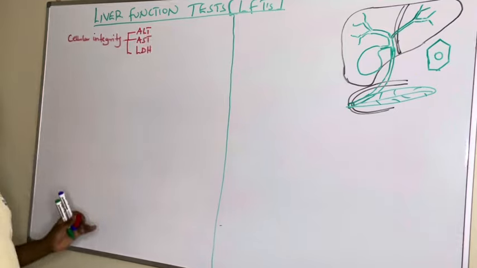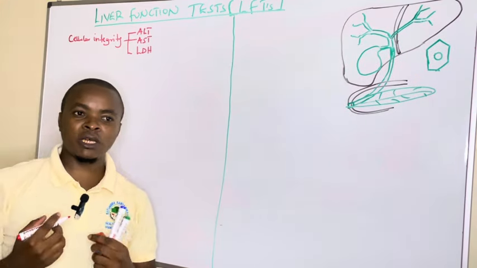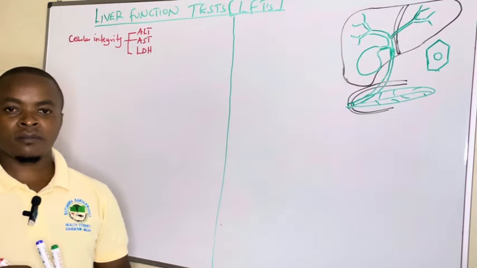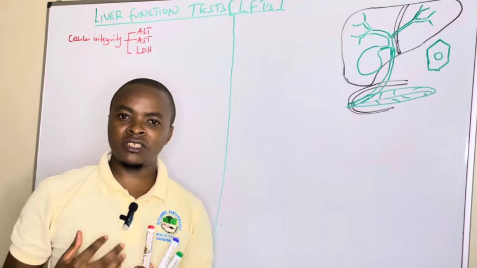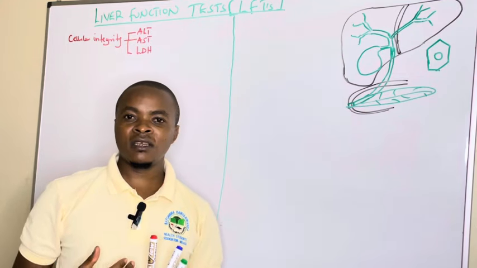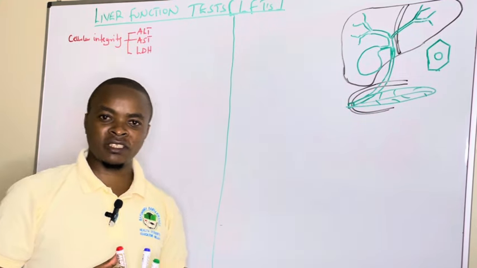So these three test what we call hepatocellular integrity. Whenever there is any damage of the hepatocytes, we are going to see them being elevated.